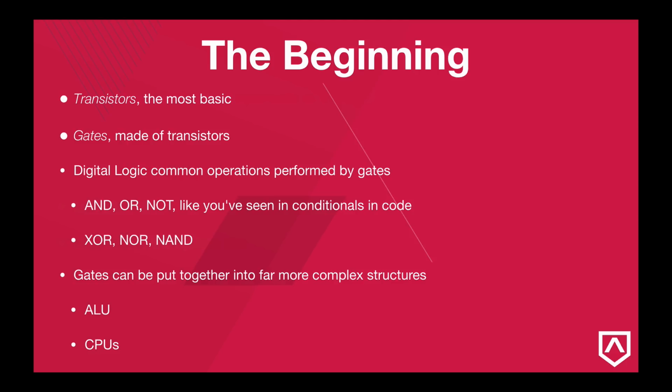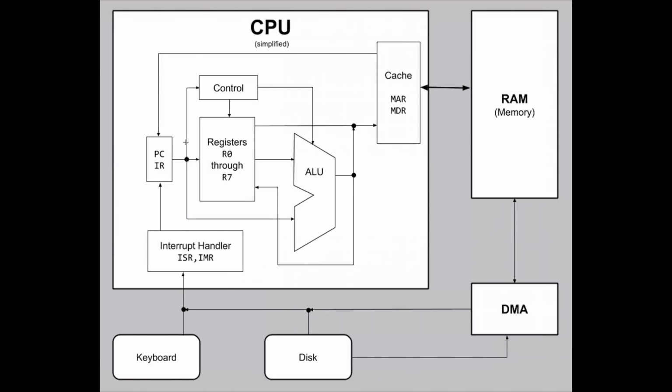And from these very basic logical operations, everything else comes into being. More complicated structures like the arithmetic logic unit, or ALU, that's responsible for doing math, or CPUs, a term that we've absolutely heard.